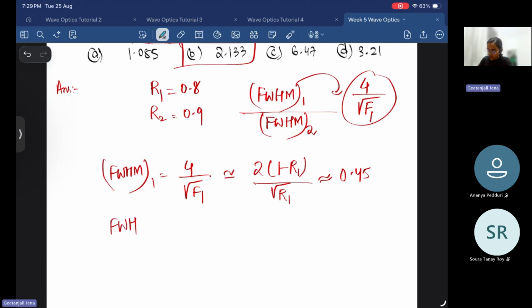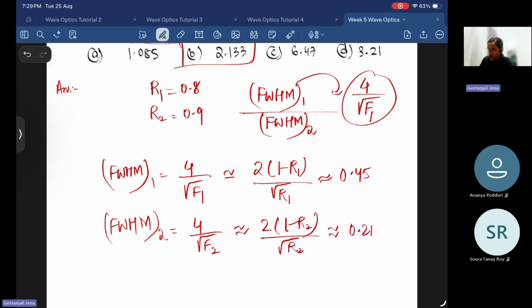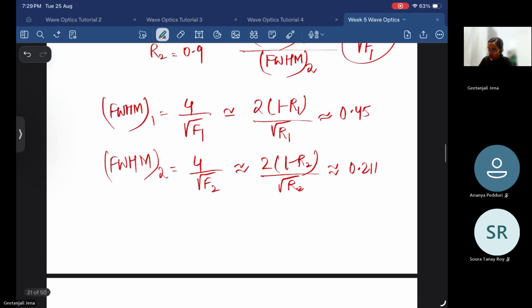And for the second one, you can follow a similar step. So this will be 2(1 minus R2) over square root of R2, which would be 0.211. The ratio would give a value of 2.133.